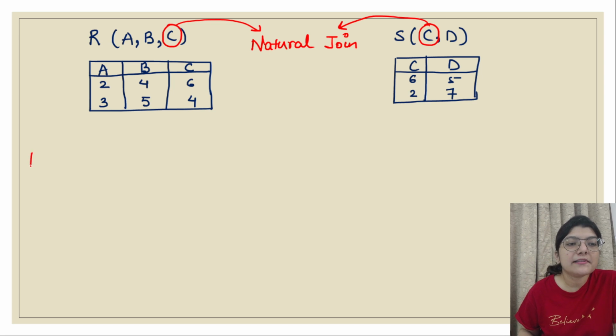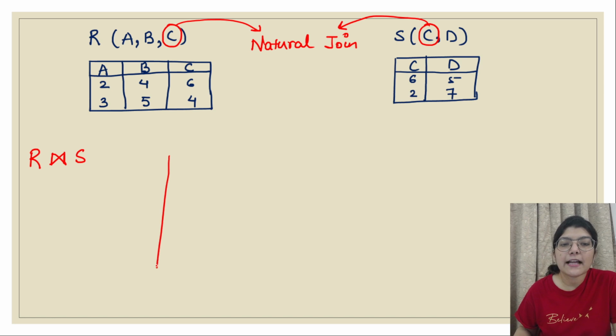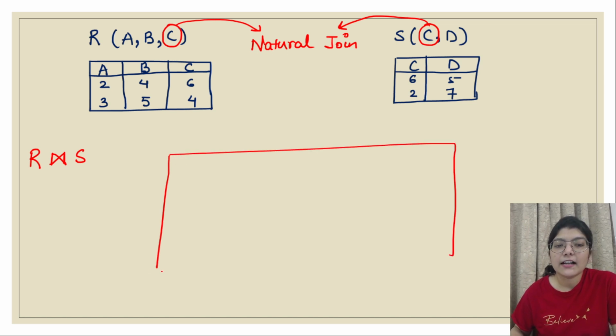So what I will do, I will simply take R, then this is your natural join symbol, and S. I will get a resulting table that will have how many attributes?